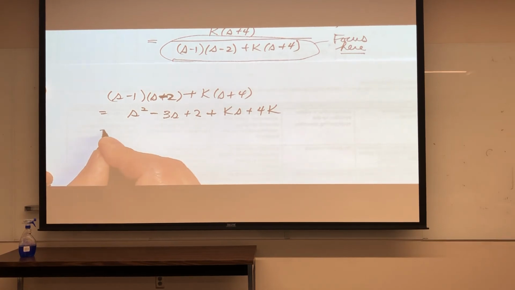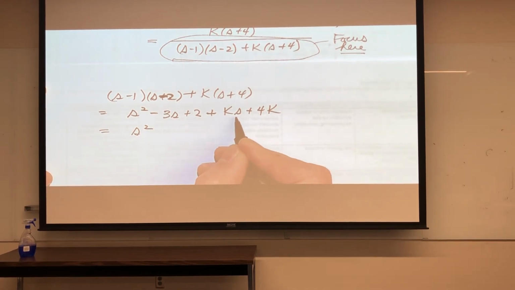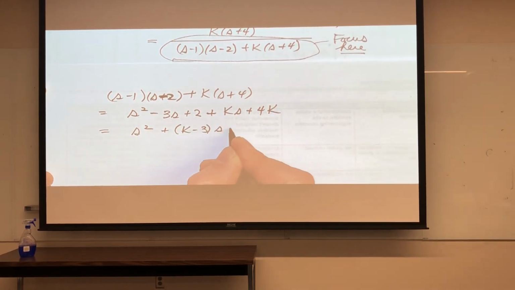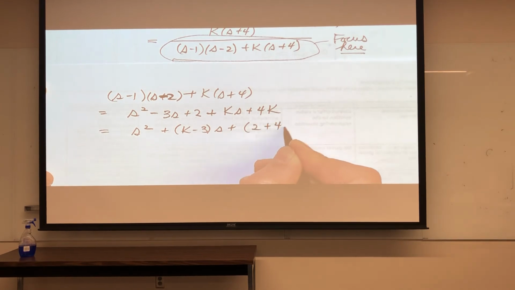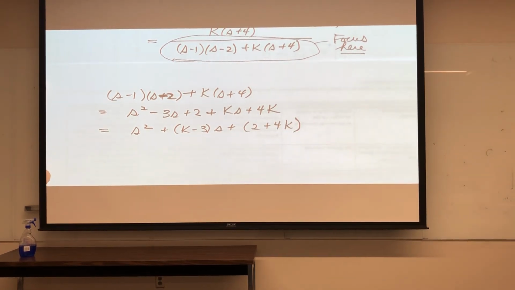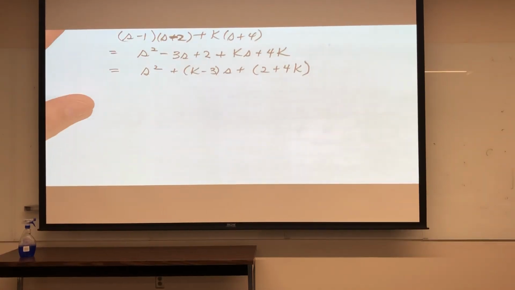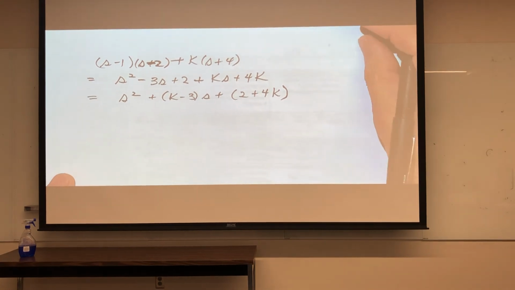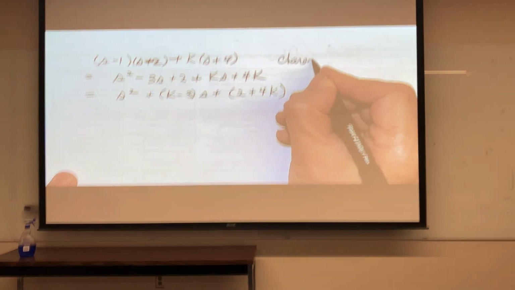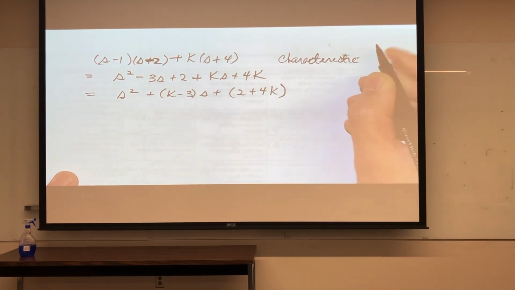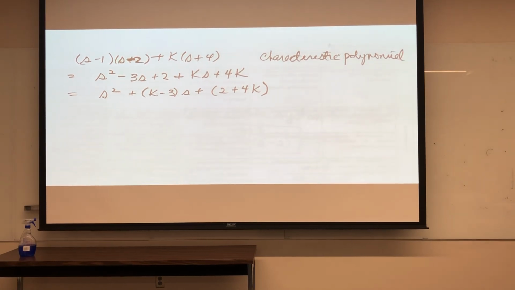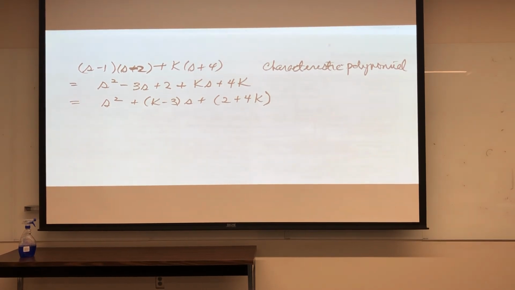So I have s squared, a minus 3s and a Ks, that's (K-3)s, and then I have 2 plus 4K. Just cleaning up the algebra of the denominator. This is called the characteristic polynomial. You might remember that word from calculus. It's the denominator.